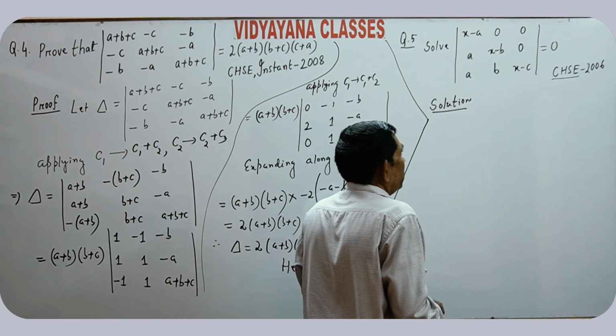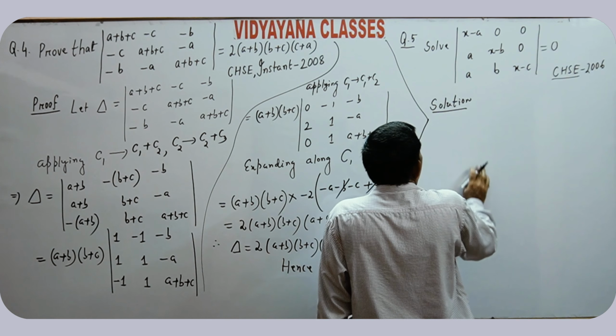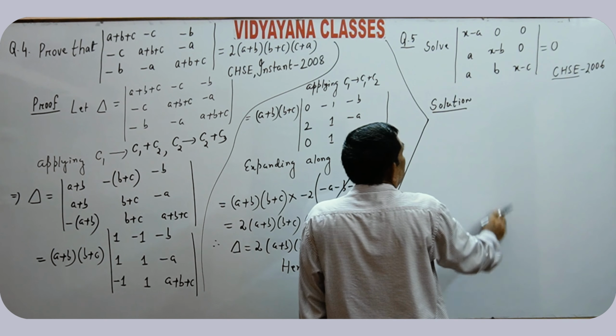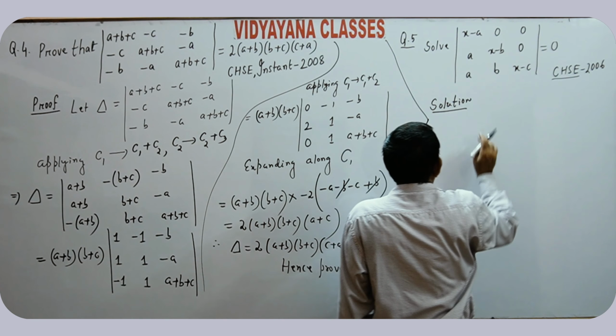Solve the determinant. Using the diagonal property or expanding along row 1.